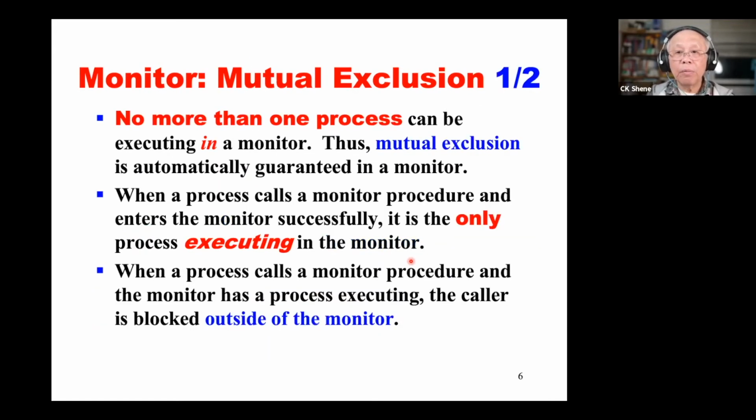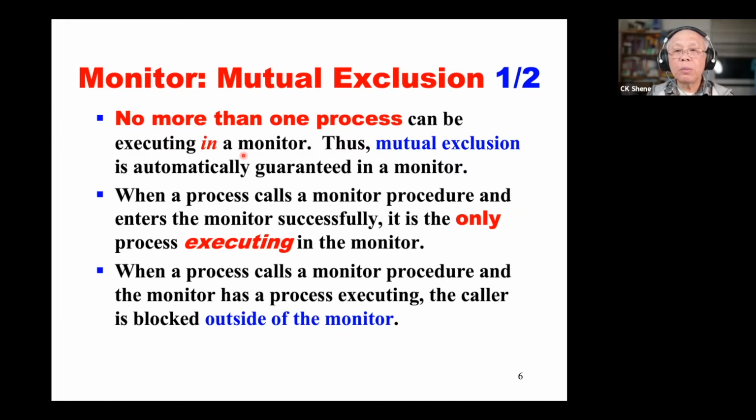Now, there are some very important things you need to remember. In a monitor, there is no more than one process that can be executing in a monitor. Look here, executing in a monitor. That means at any moment, there is no more than one process or thread that can execute instructions or execute statements built into the monitor.